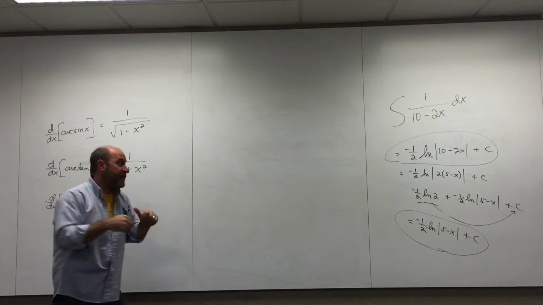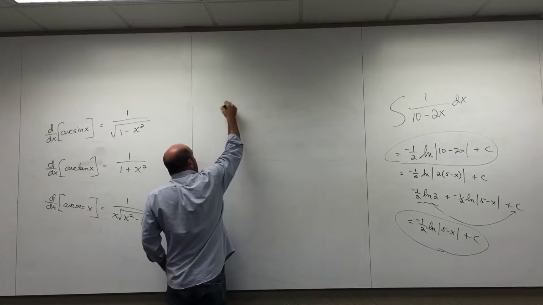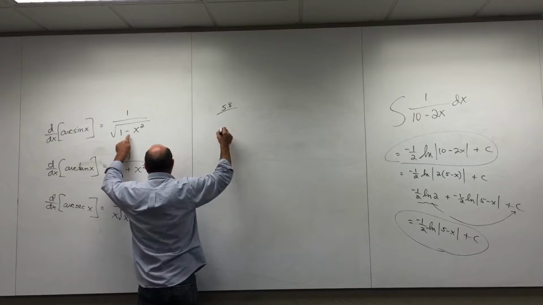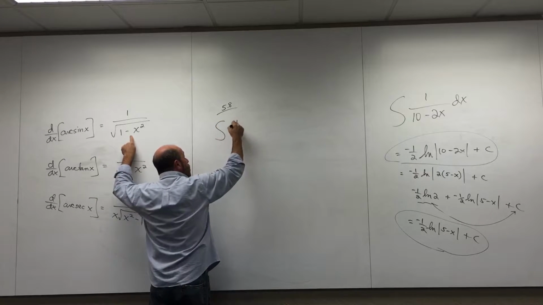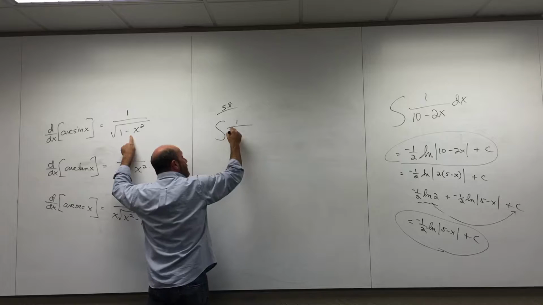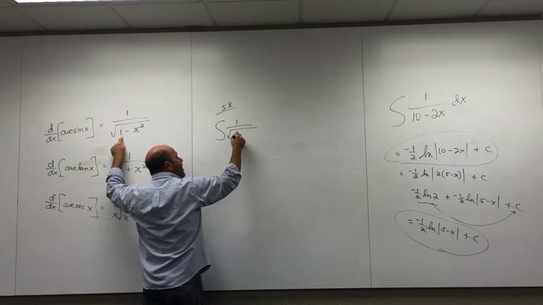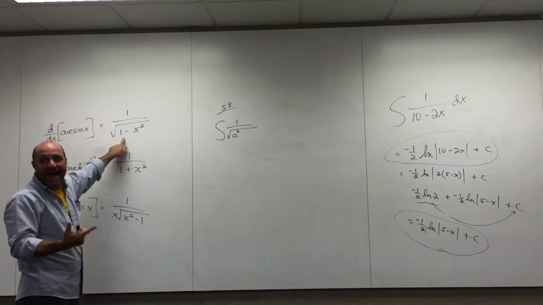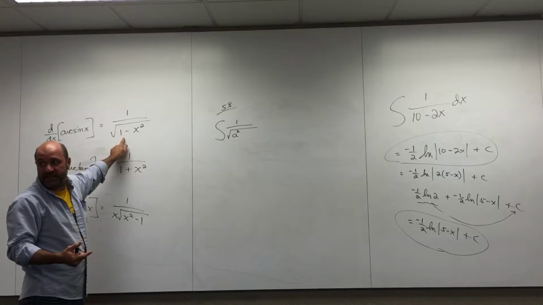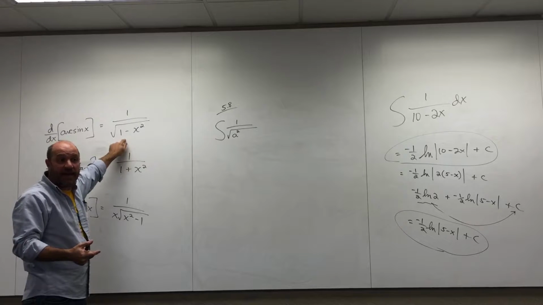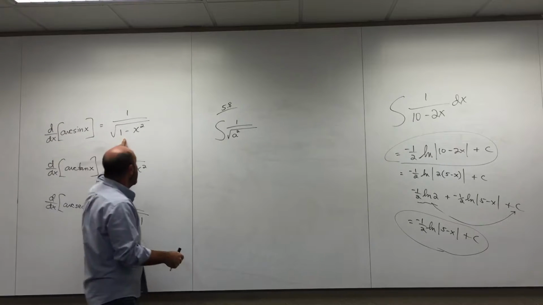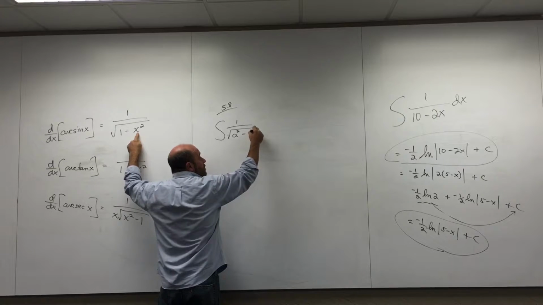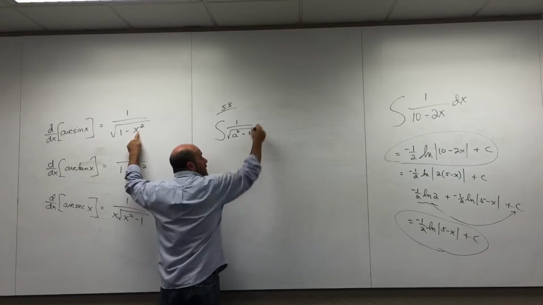So with our antiderivative formulas in 5.8, we generalize it. Watch. Instead of this formula, it's a 1 over, instead of a 1, it could be some other number, a squared. Could be a 9 or a 4 or 11 or a 16 or a 17, it doesn't have to be a 1. It could be an a squared, and the variable doesn't have to be x. It could be some kind of a u squared, du.